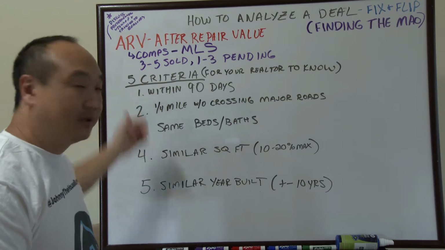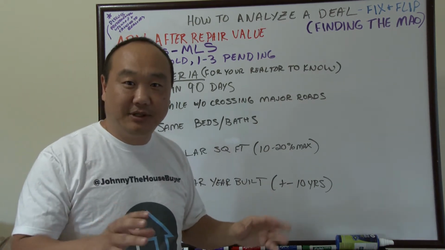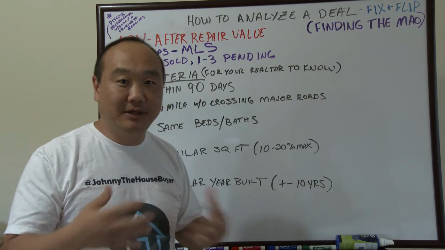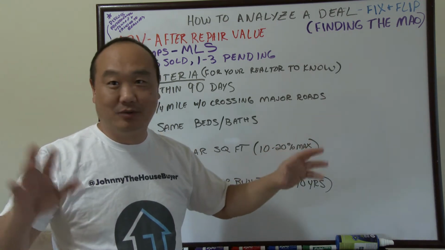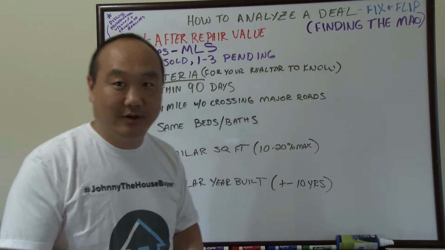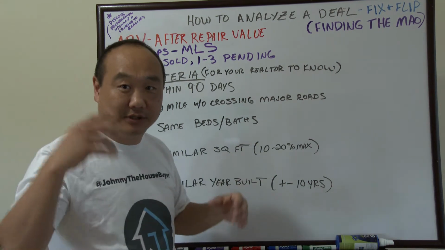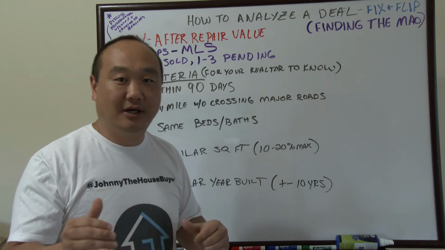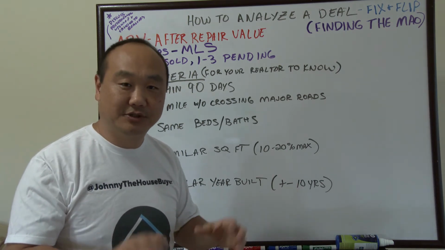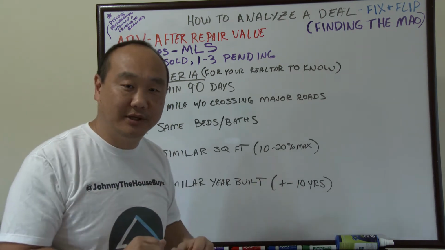Okay, so first one, and this might be different in your particular neighborhood, but I'm talking about DFW since that's my area. But in Virginia or wherever you may be watching this video, I don't know. You need to understand your marketplace and see how fast the houses are selling, so you can adjust the time frame.